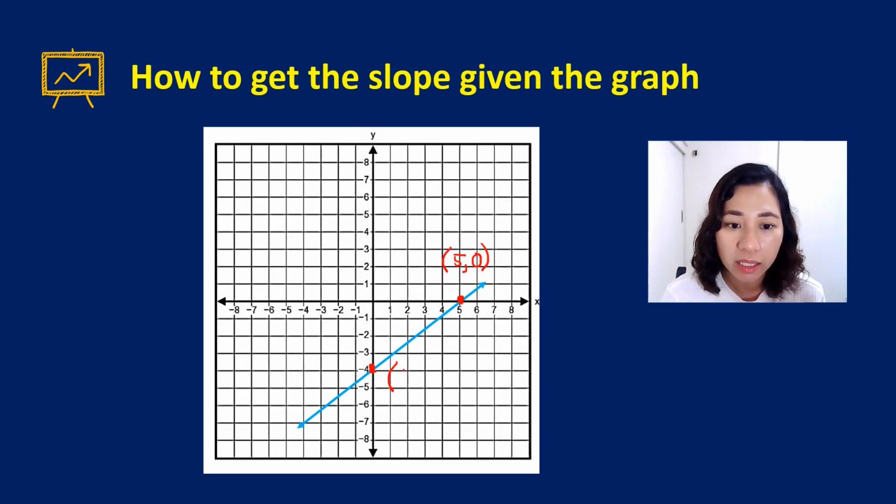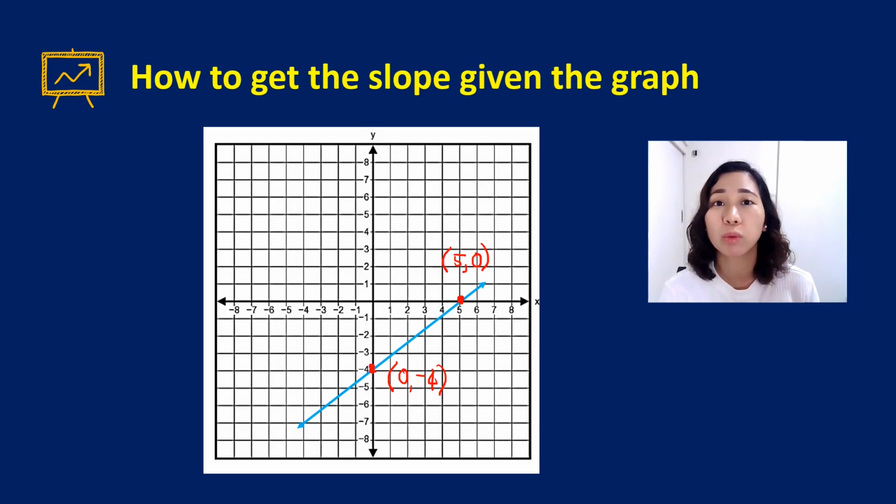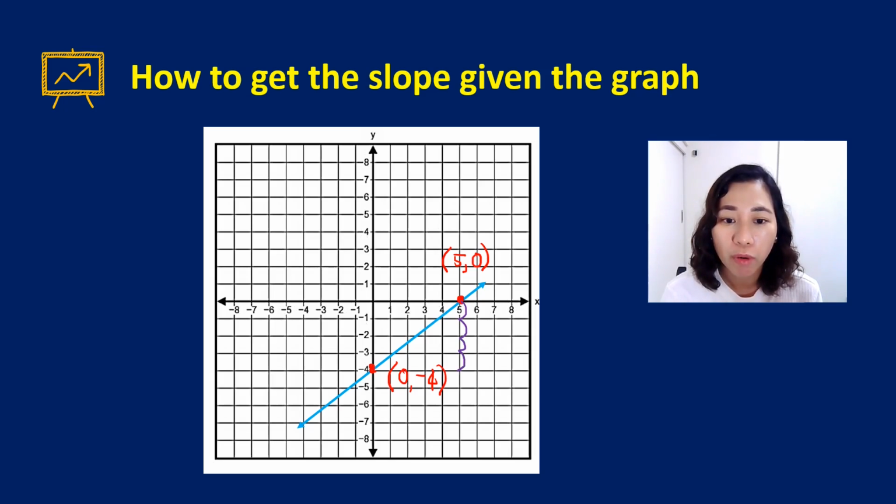And then this is (0, -4), right? Again, you do not have to put a label. I just want you to practice your rectangular coordinate system and giving the coordinates of a point.